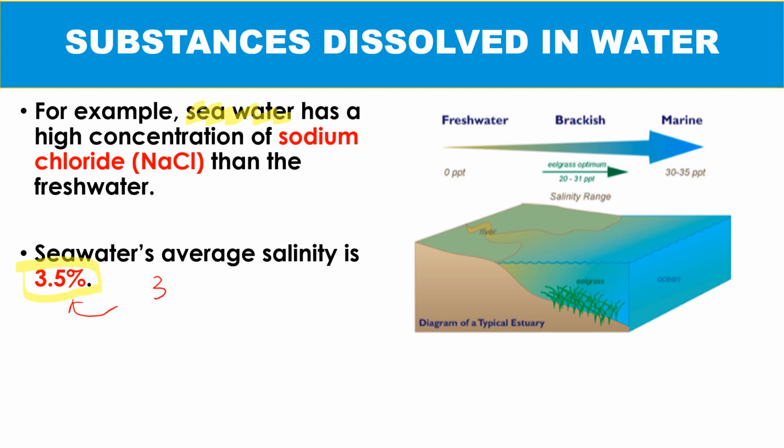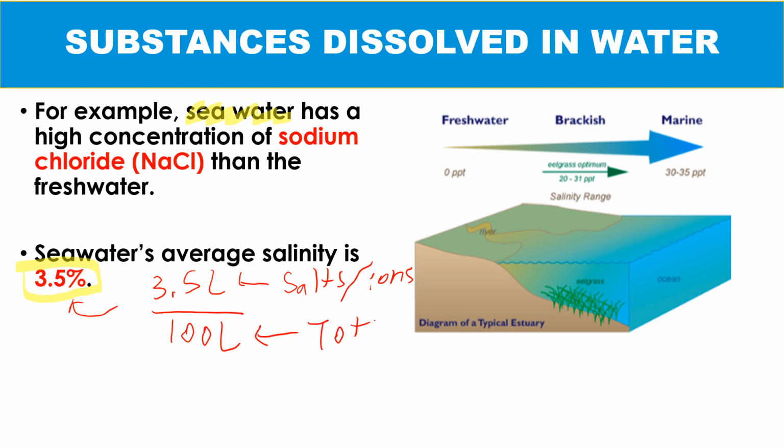Think about it this way: if you have 3.5 liters of salt and ions inside 100 liters of total volume, then the actual water content is 100 minus 3.5, which is 96.5 liters of water and 3.5 liters of actual salt and ions.